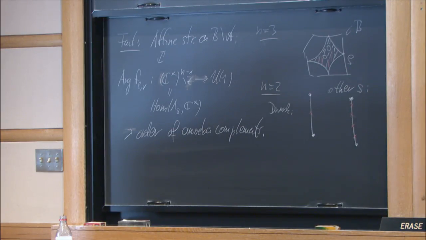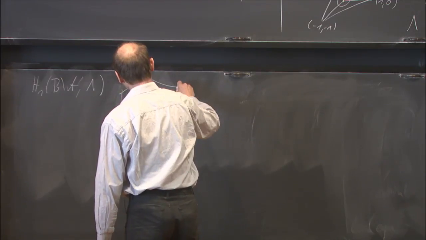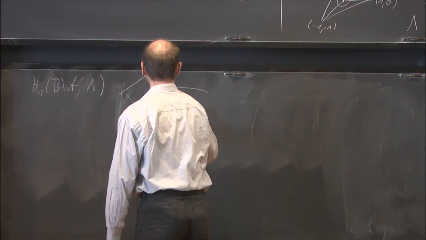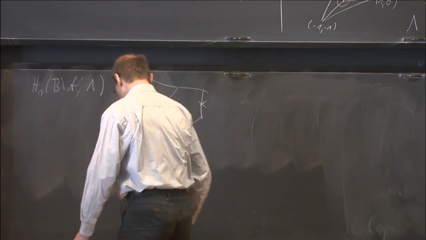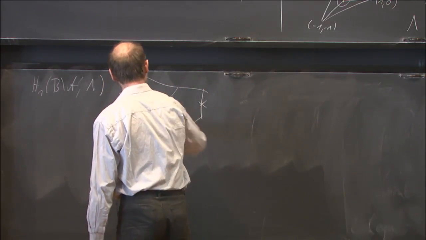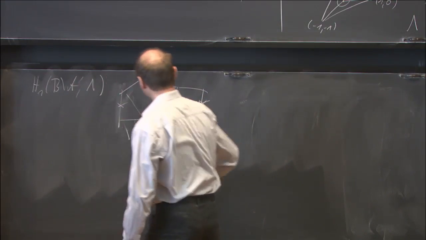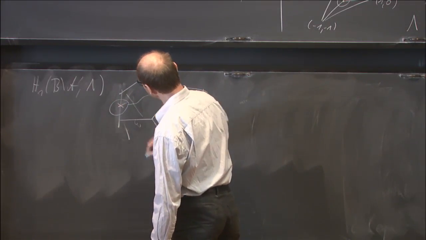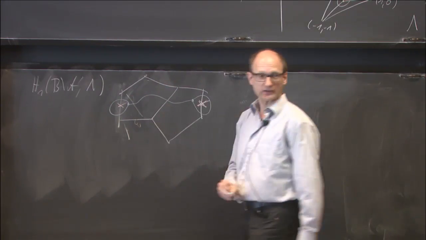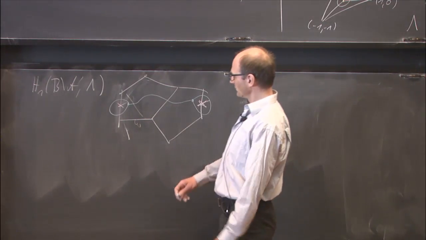Now I don't need to write iota lower star lambda. You should picture it something like this. Here is some singular loci, let's say, and then you have a cycle that could look like this. Not straight at all. So if I say tropical cycle, you shouldn't expect something piecewise straight.